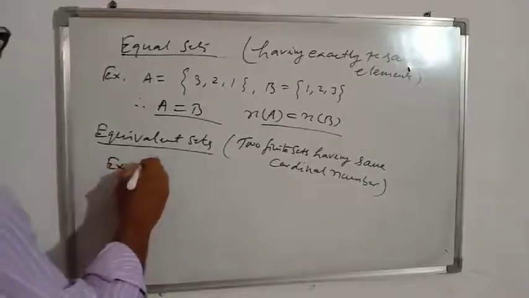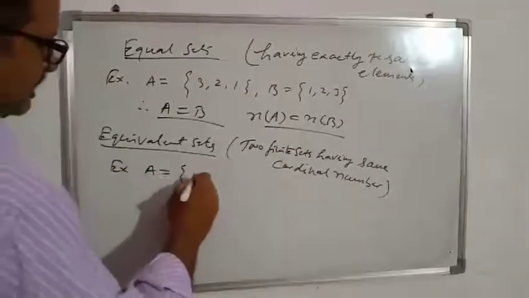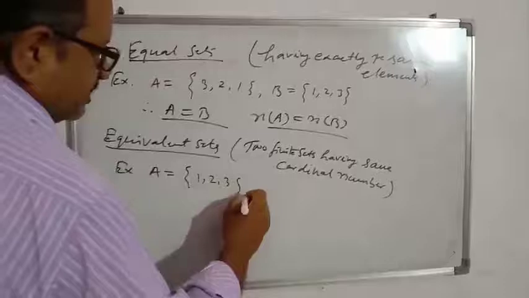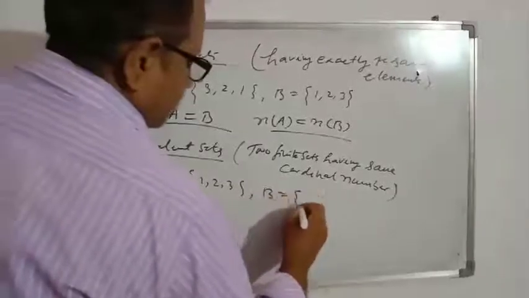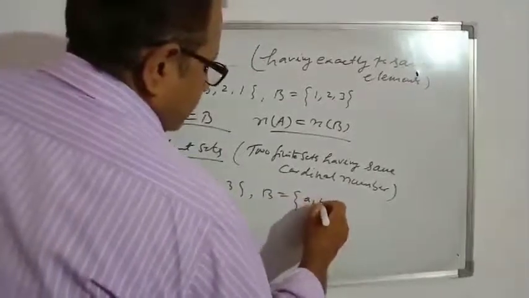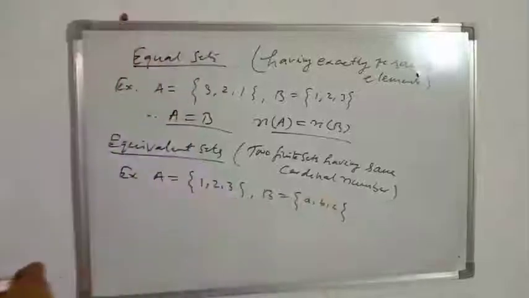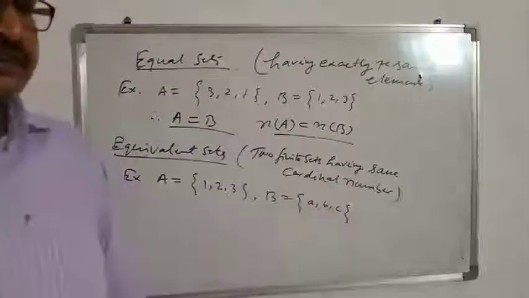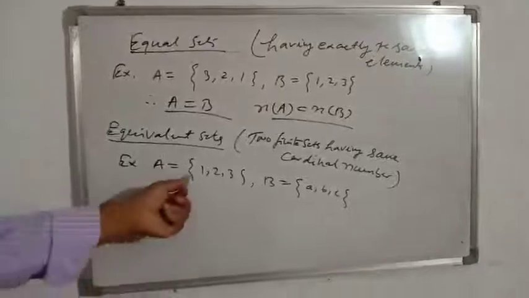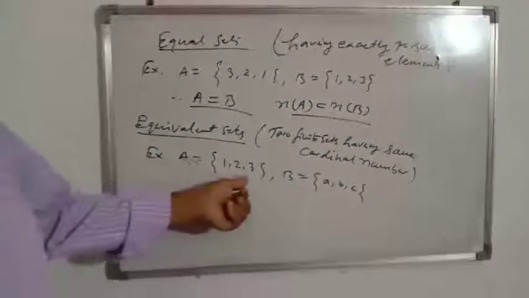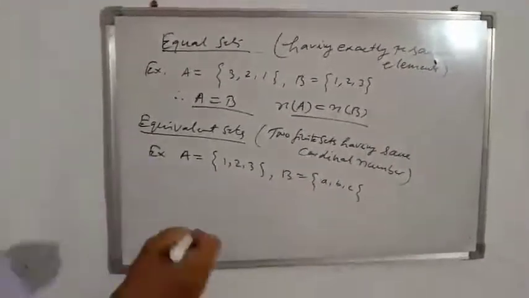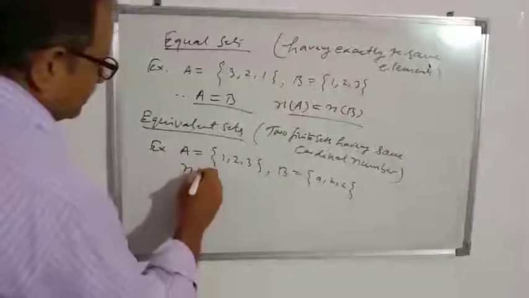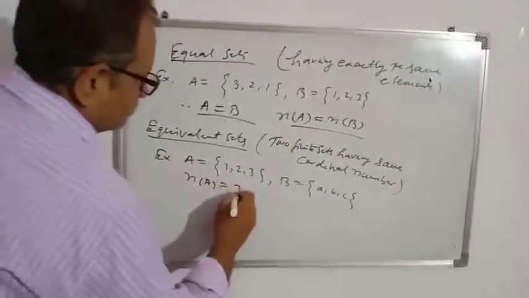Again take example. Suppose the set A elements are 1 to 3 and set B is A, B, C. Set A contains 3 elements, 1 to 3, set B contains 3 elements A, B, C. But we see that both have different elements, but their cardinal number is the same. What is NA? NA is equal to 3.